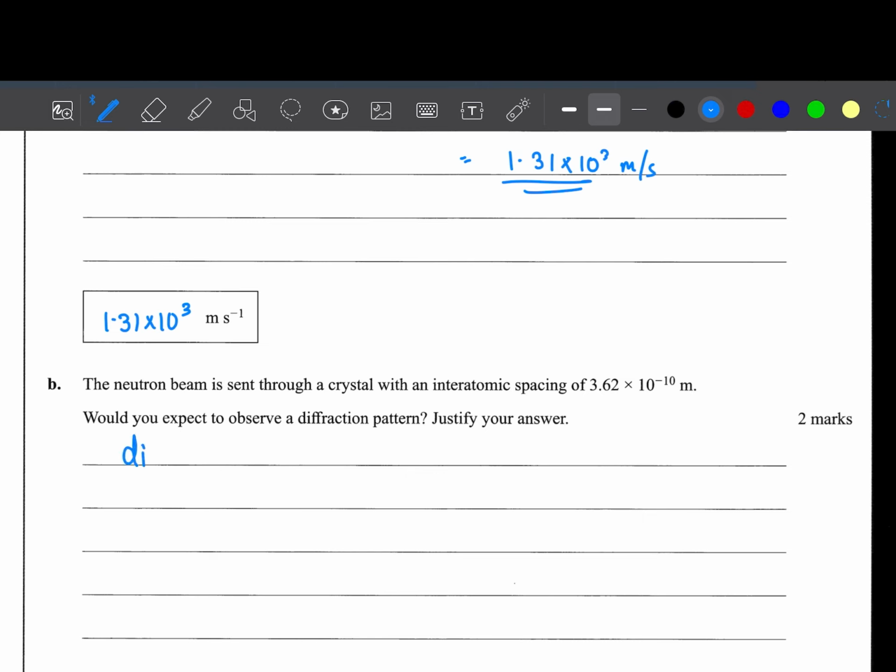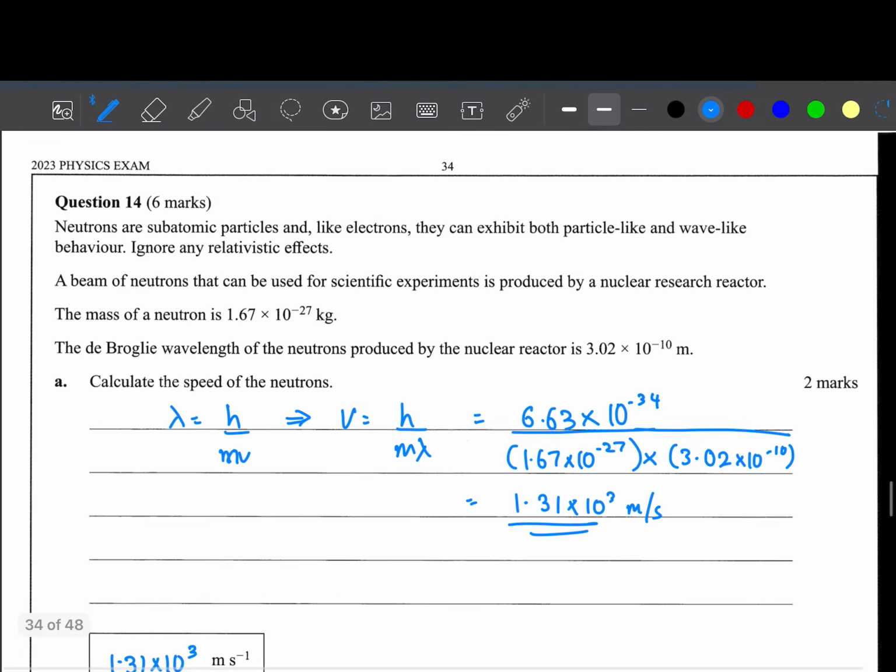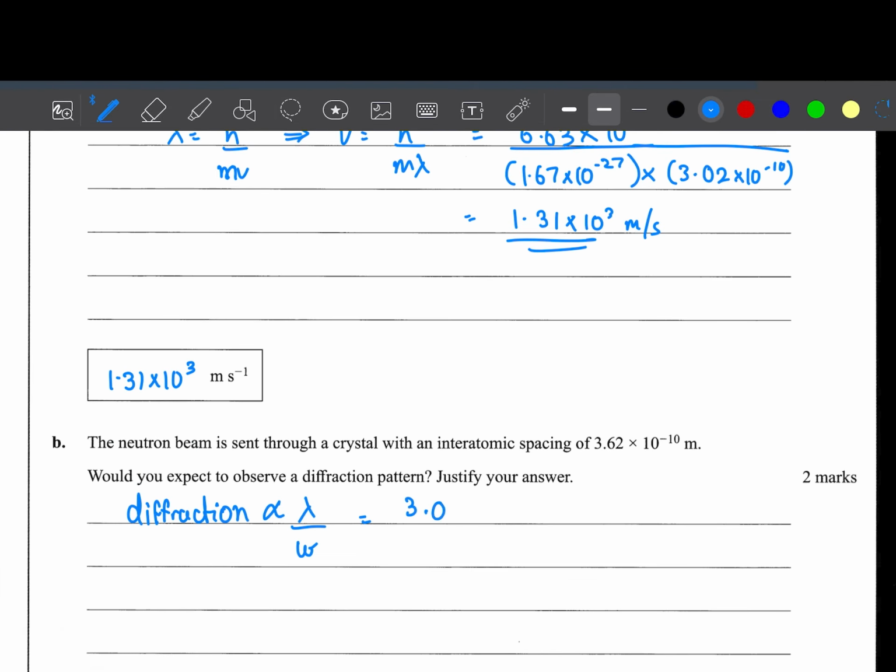So diffraction is proportional to lambda over the spacing. The wavelength was given to be 3.02 times 10 to the power of negative 10 over 3.62 times 10 to the power of negative 10.